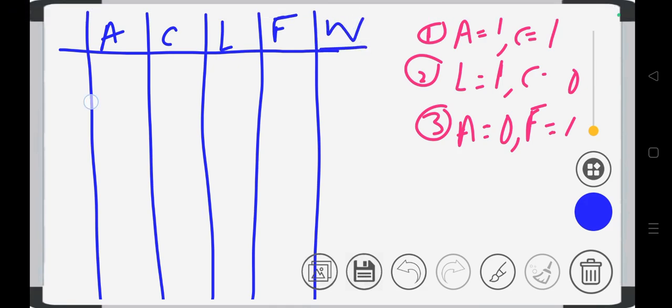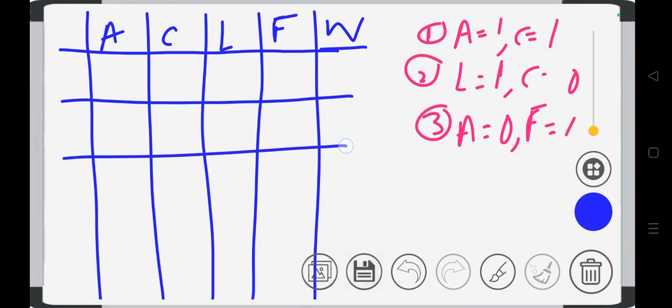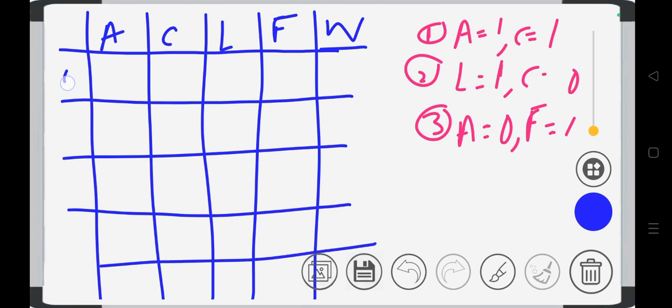Okay. These are the divisions I'm doing: 0th, 1, 2, 3, and this is the fourth one. Okay, so starting with the first value, how do we put the values, guys?